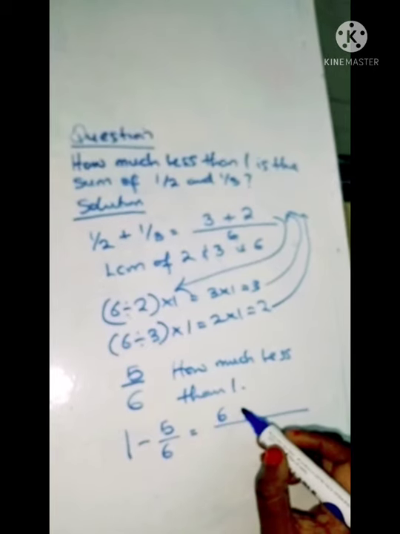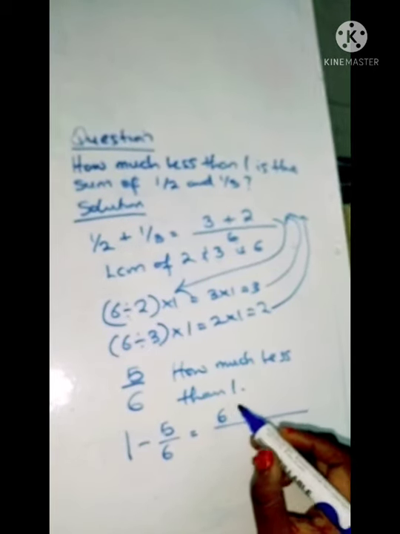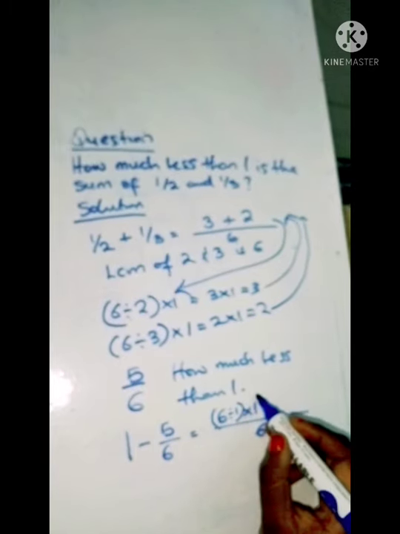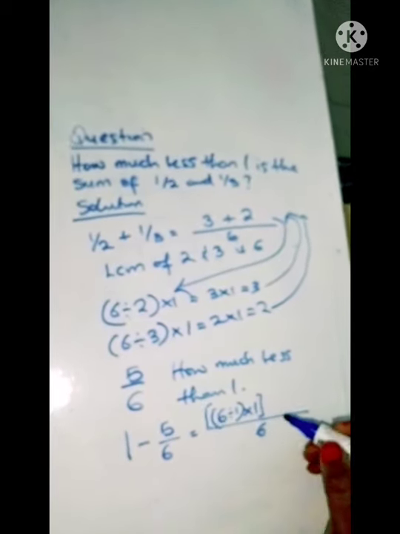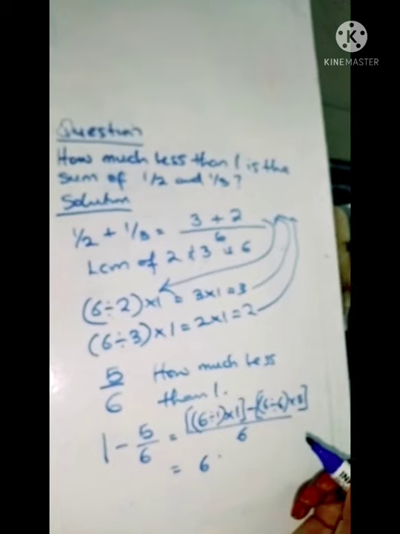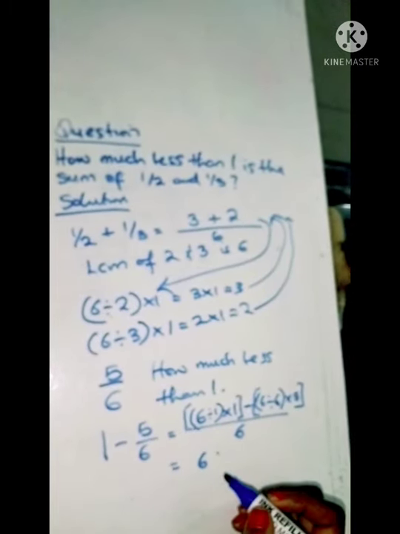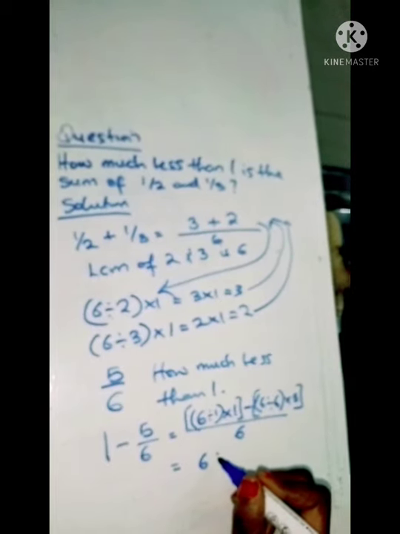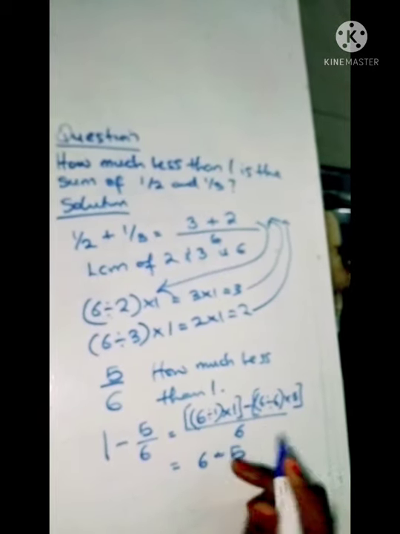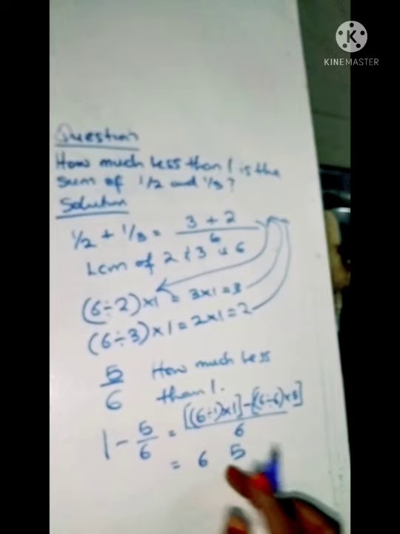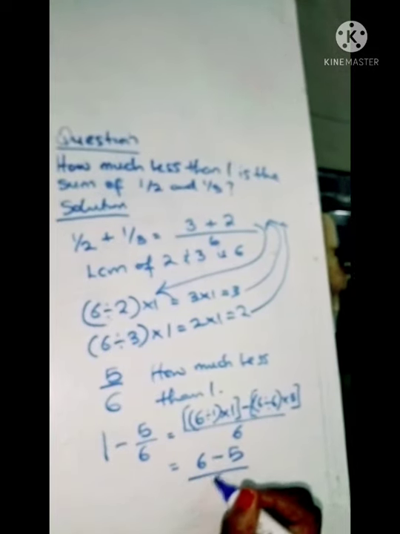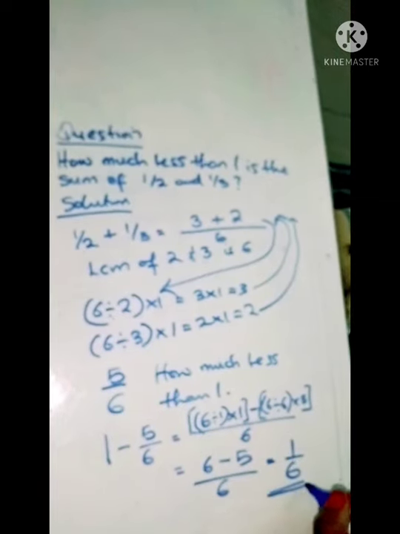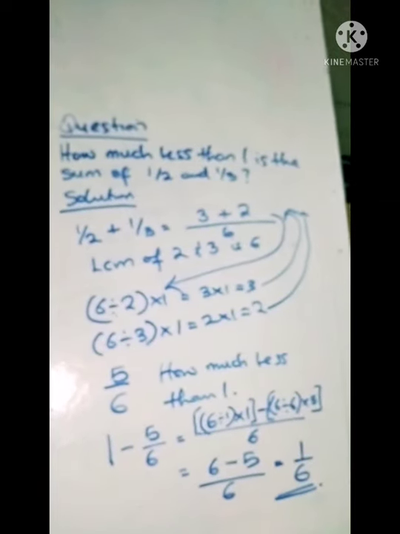So if we divide 6 by 1, we'll have 6 times 1, which is 6, over 1, minus 6 divided by 6 times 5. So if we get the values of the top numerators, we'll have 6 minus 5 all over 6, giving us 1 all over 6. Final answer.